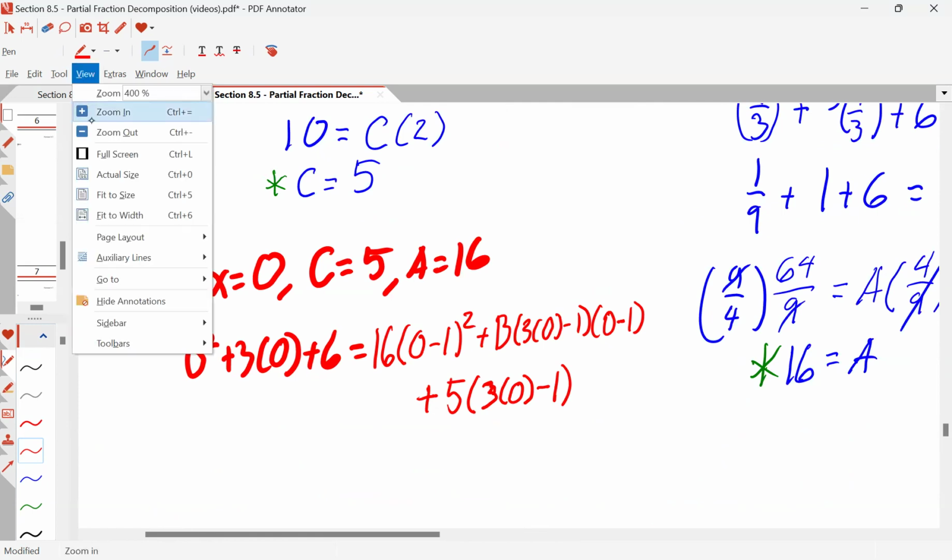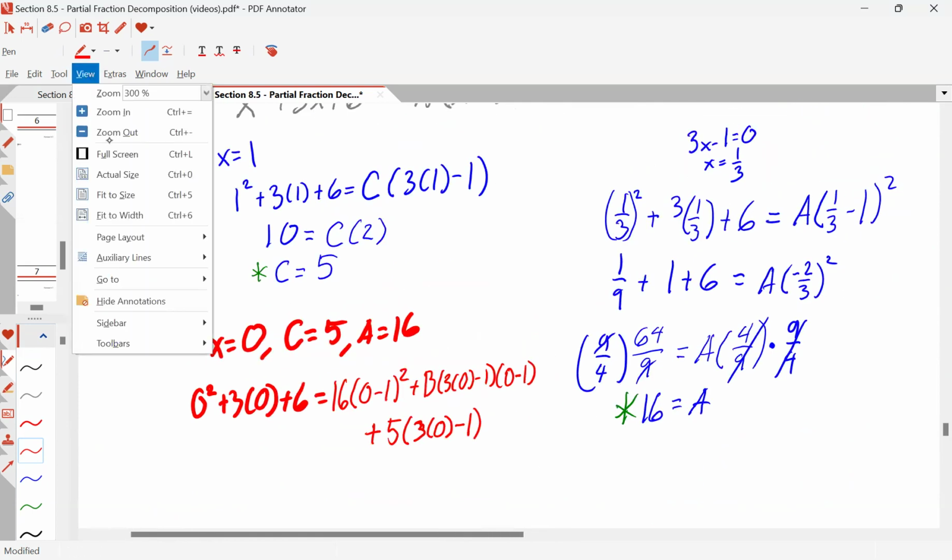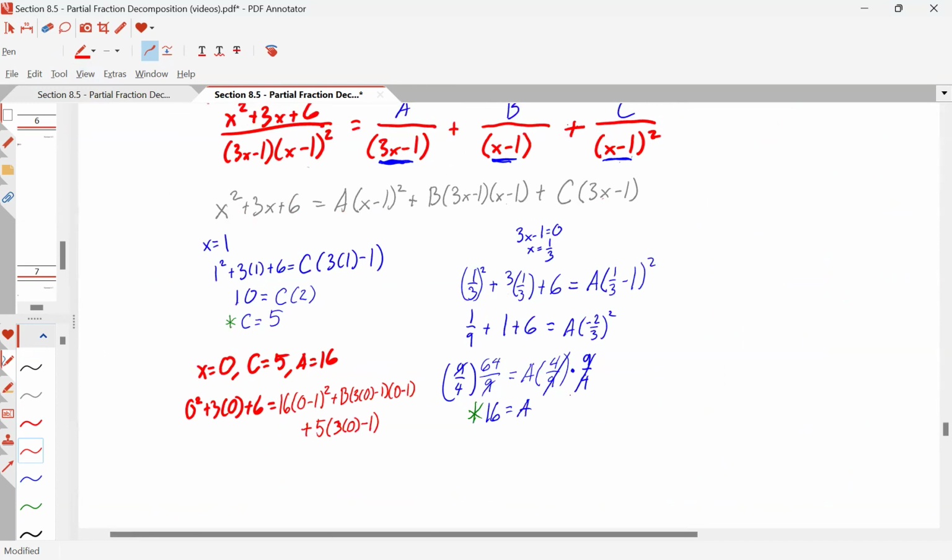So solving this out, zoom out to see everything together. All we've done is plug the values in here. 0 squared is 0, 3 times 0 is 0. That left-hand side is just 6. 16 times 0 minus 1 squared: negative 1 squared is 1, so we have 16 times 1. Plus b times 3 times 0 minus 1, and 0 minus 1 is negative 1.